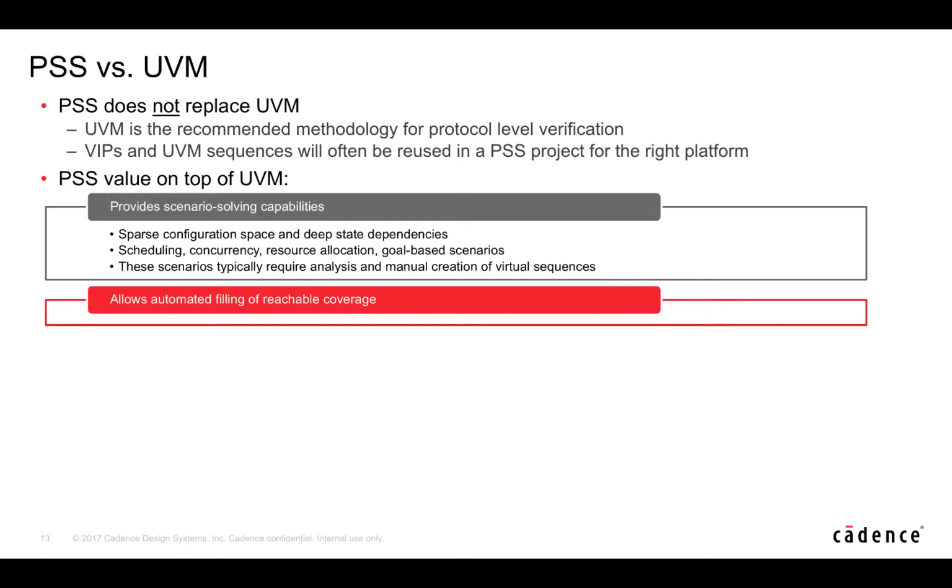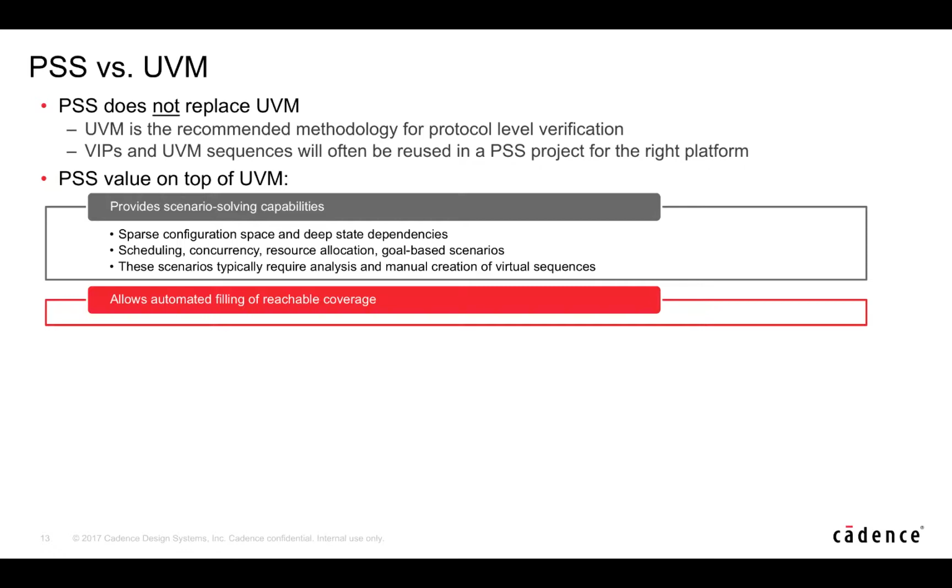PSS enables automated filling of reachable coverage. So with UVM, it's a typical challenge: you get to 95% coverage, and you don't know if the last 5% is because you didn't run enough tests, or maybe it's not reachable at all. Rewinding back on the modeling that we did in PSS, we modeled all the legal behaviors, and a PSS tool can actually tell what the legal scenario space is.